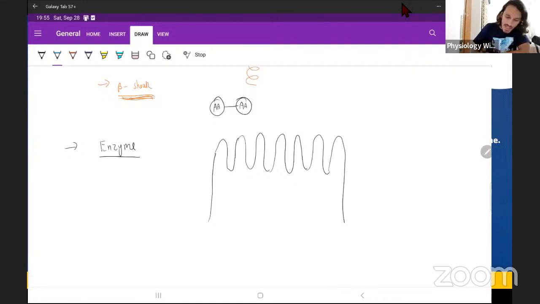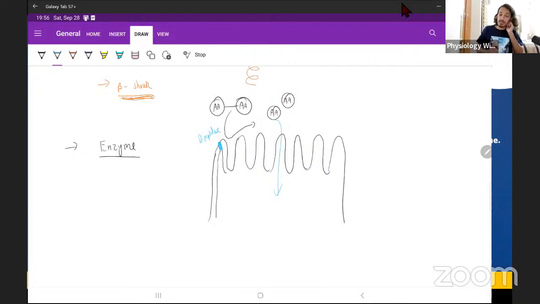In this dipeptide, in the membrane of these brush borders there are certain integral proteins which act as enzymes, for example, dipeptidase. So what does it do? It takes this, splits this to give just amino acids, which is now much easier to absorb into the cell.